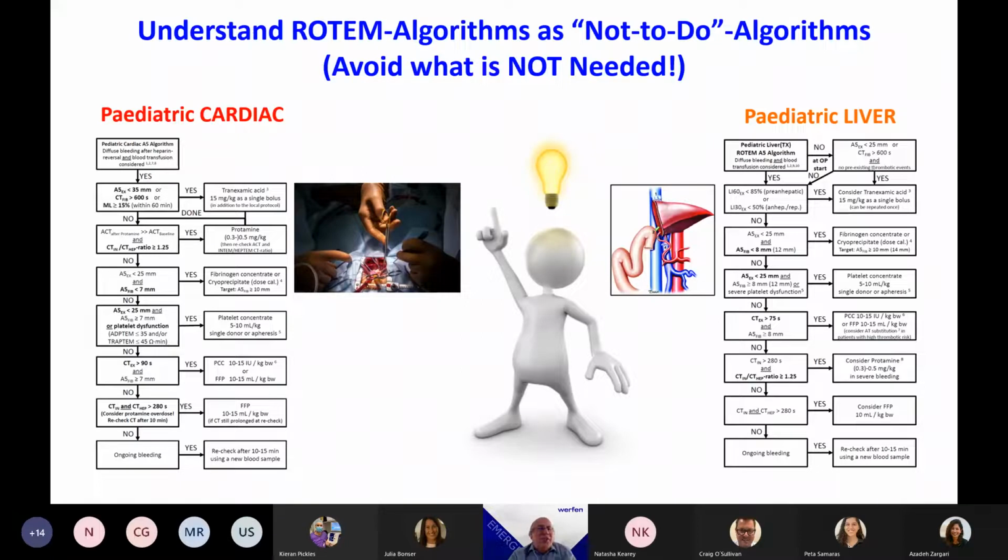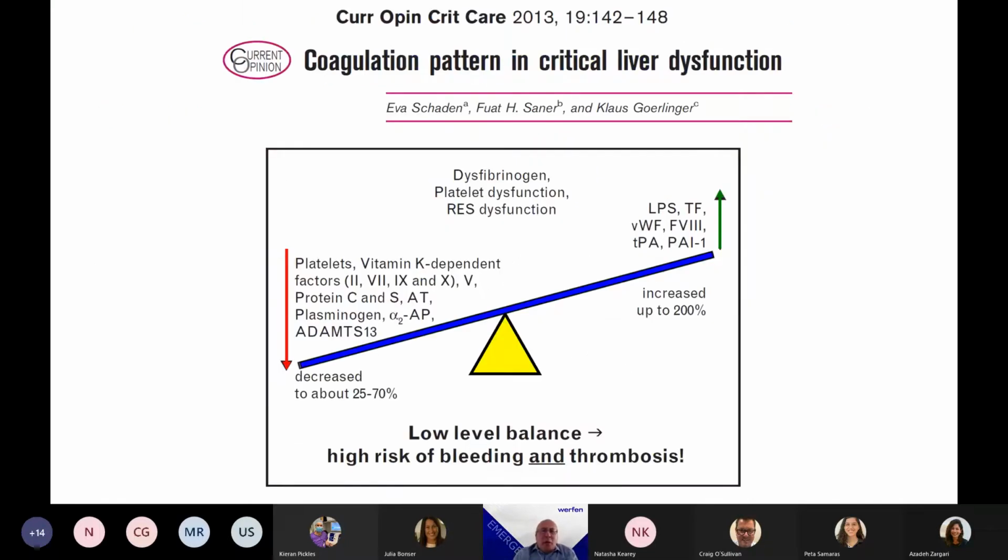And these patients even have a higher risk of thrombosis compared to the adults with an alcohol or virus reason for cirrhosis. What we also know is that there is a rebalance of the system. So some factors are low, others are high. But the key message is that this is counterbalanced.